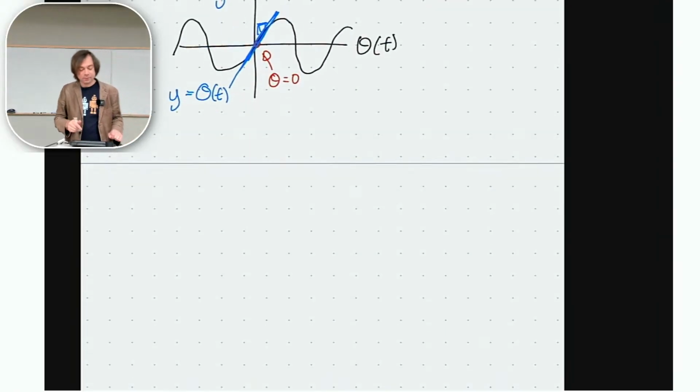All right. So, why do we care about linearization? Well, we do lots of cool stuff with control if our dynamics are linear. Okay? We can do lots of cool things.